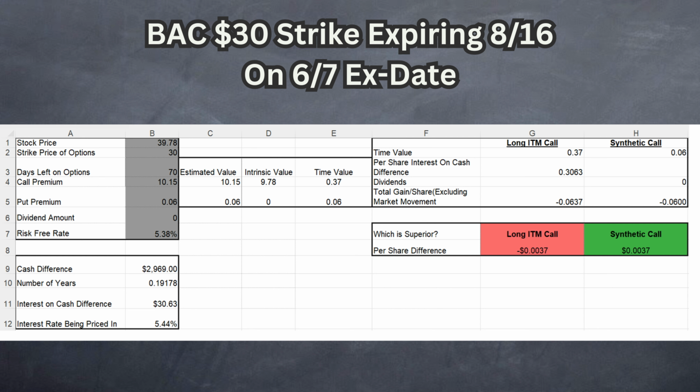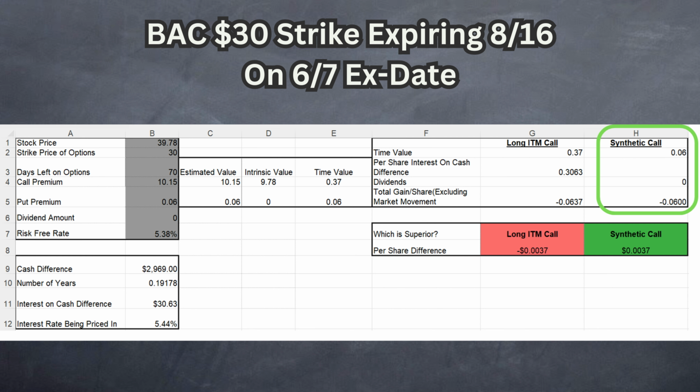Now, let's use the spreadsheet with the Bank of America example we just looked at. Simply enter the information highlighted in gray and it will do all the calculations for you. With the long call, we pay 37 cents of time value and receive about 31 cents of interest on the cash difference, for a total loss of about 6 cents from now until expiration.